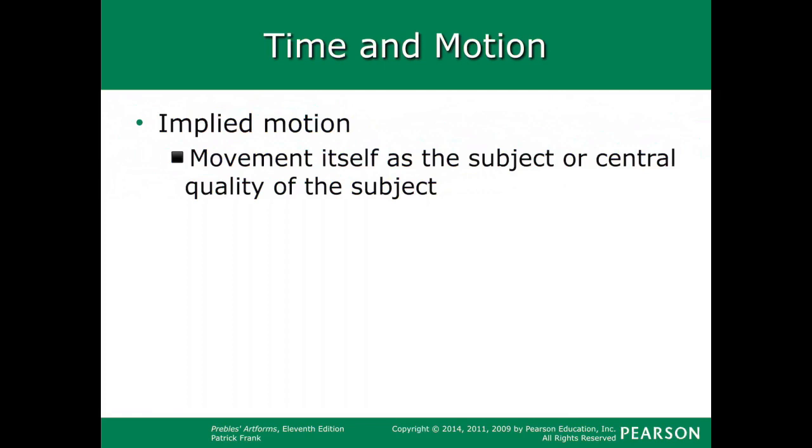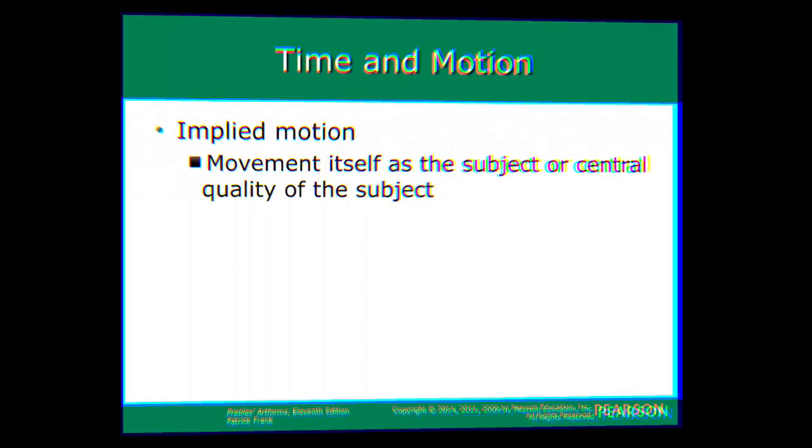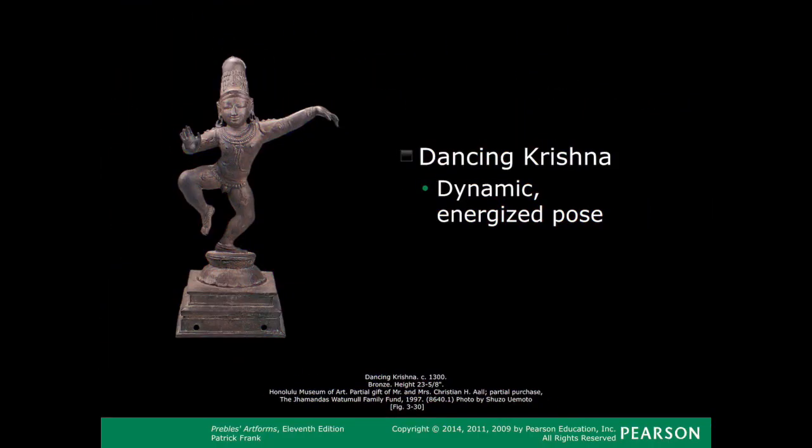And objects can also have a type of implied motion. So there's movement itself as a subject or central quality of the subject. So the object has something that deals with motion. And in this work here, the dancing Krishna, he's portrayed in a dynamic, energized pose.